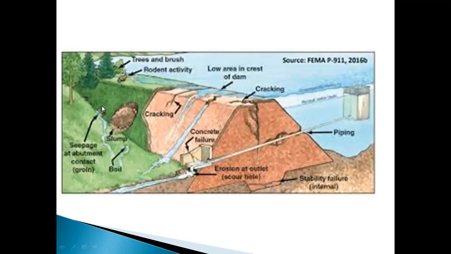Water will leak from the soil. So the possible failures of the earth dam are piping failure, toe failure, cracking, and seepage failures.